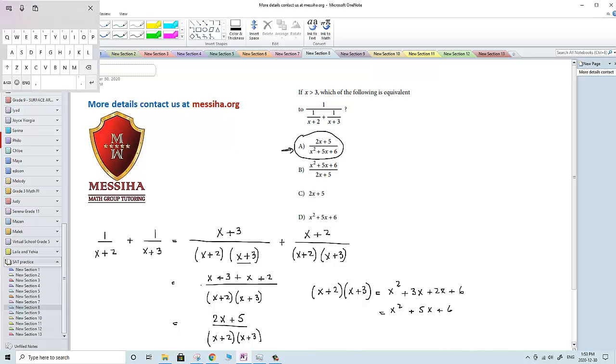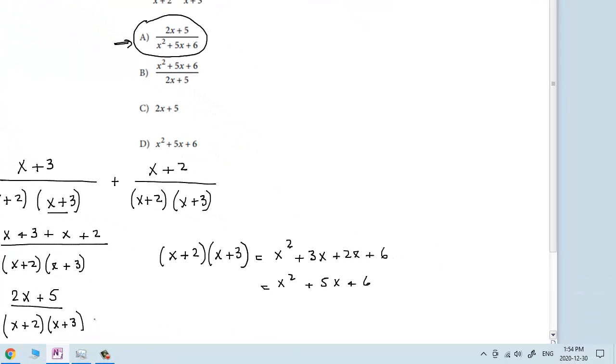However, I need to check something. If x is greater than 3, which of the following is equivalent? Why do they give me this? The problem here is that when you have something like that in the denominator, there is a restriction: x doesn't equal negative 2 and x doesn't equal negative 3.